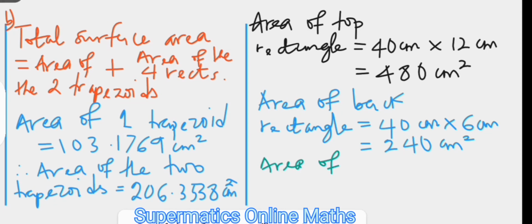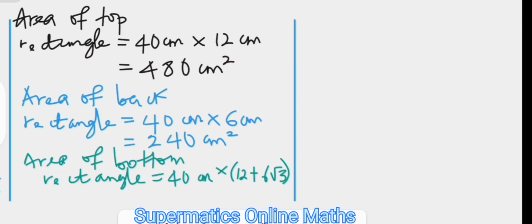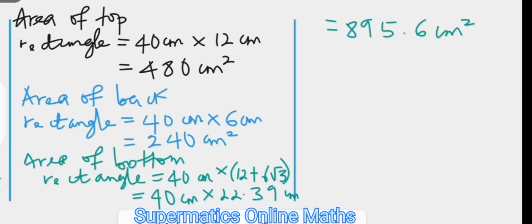Area of the bottom rectangle, that will be 40 centimeters times 12 plus 6 root 3 centimeters. 12 plus 6 root 3 is 22.39 centimeters, and that is going to give us 895.6 centimeters squared.